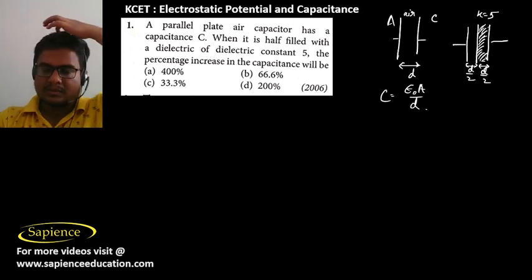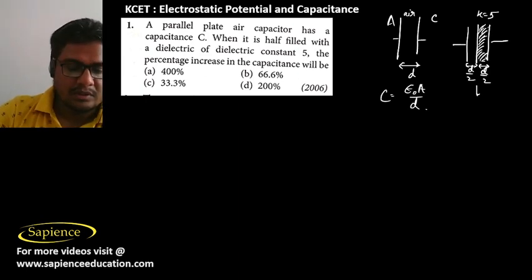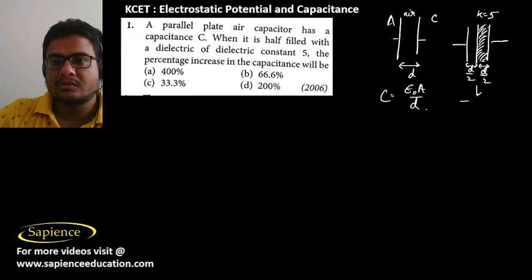Here it is equivalent to two capacitors which are connected in series, where this capacitance will be epsilon naught A by D by 2.